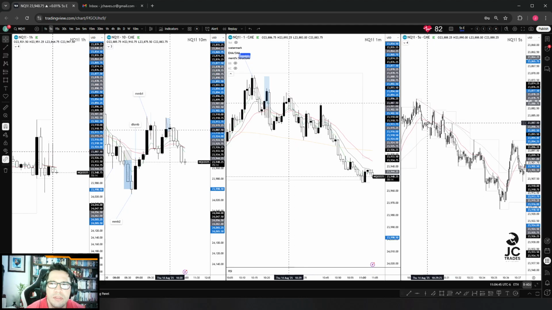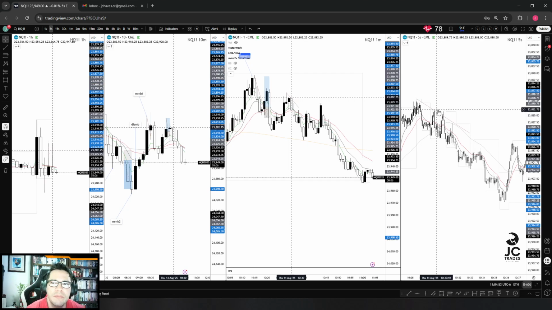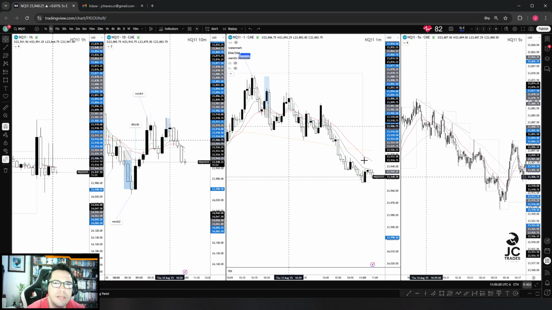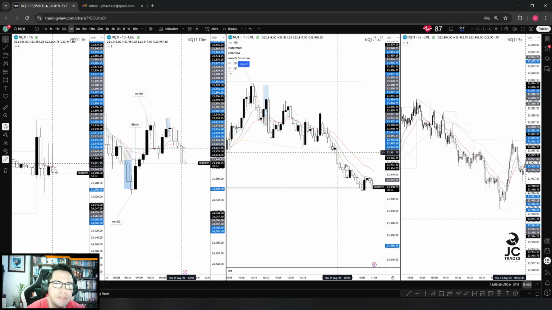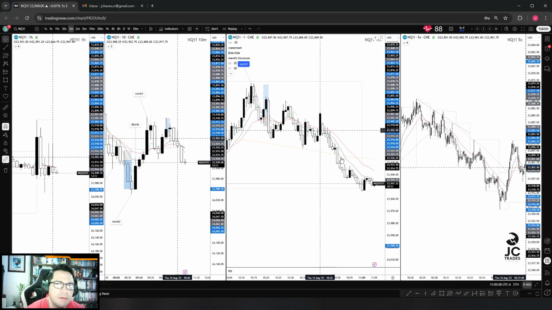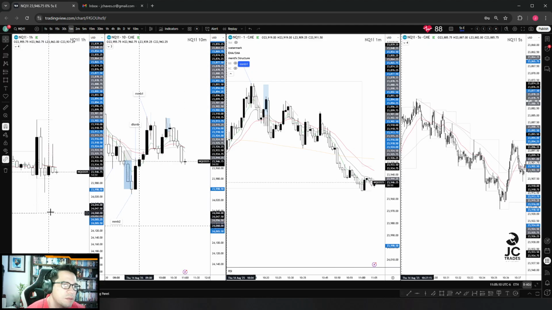We could say there was some sort of MMB1, a build up of an MMB2 around here, but this was actually not a true double MB build up, and the price never came above. And after that, we saw basically the failing of price below the EMAs, and after that, price kept on falling.